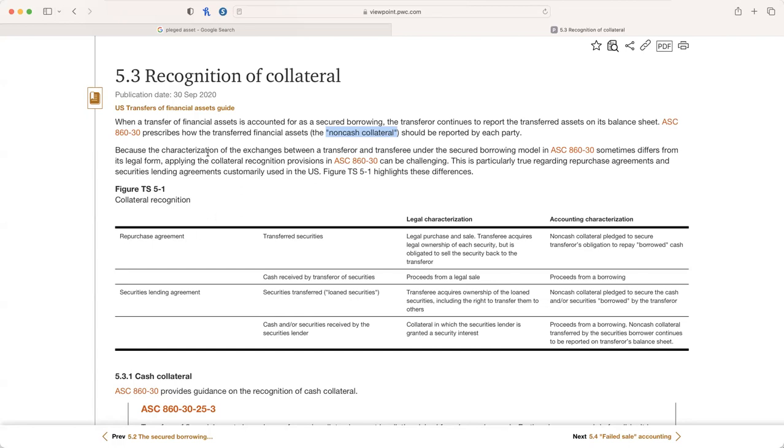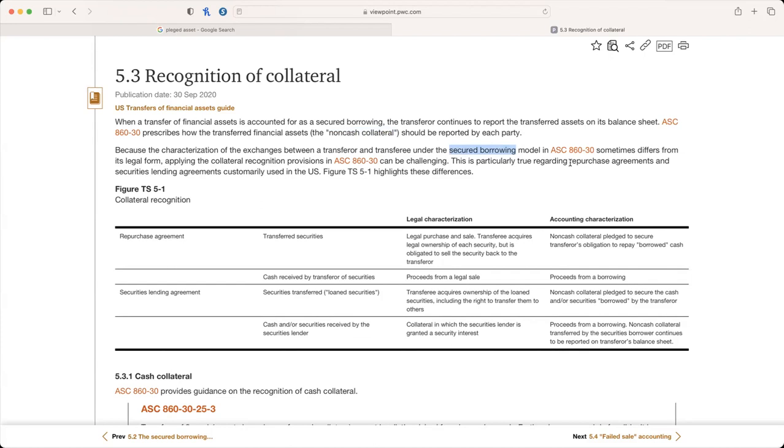So because the characterization of the exchanges between transferor and transferee under the secured borrowing model, so it's secured borrowing, the borrowing is secured by the notes, financial instruments, sometimes differs from its legal form, conversion. Applying the collateral recognition provisions in ASC 860-30 can be challenging. This is particularly true regarding repurchase agreements and securities lending agreements.